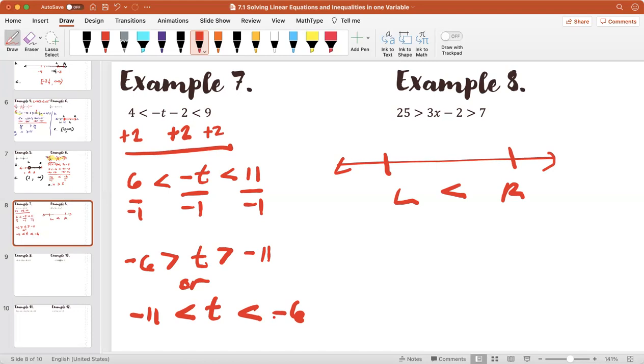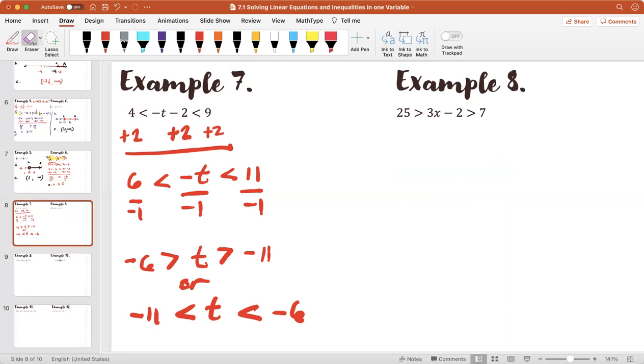Is this consistent with your number line? Yes. You might be confused that negative 6 is smaller. No, it's not. It's bigger than negative 11. All right, so I hope you'll take note of that.